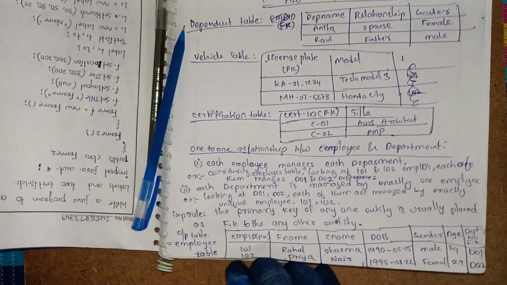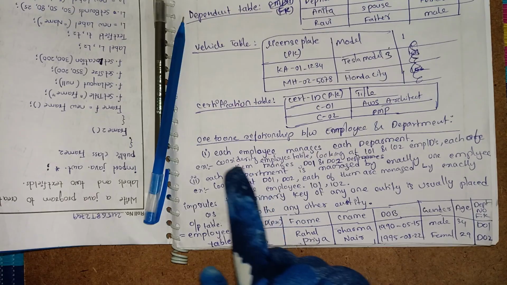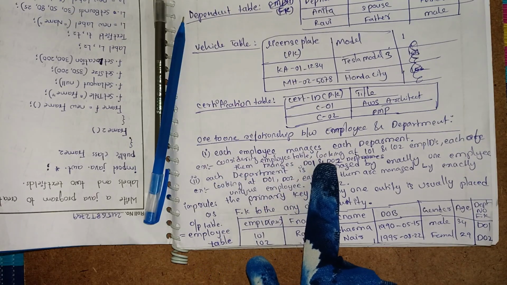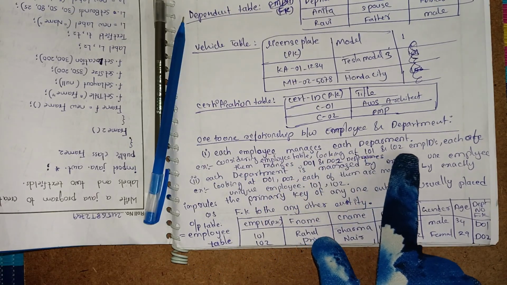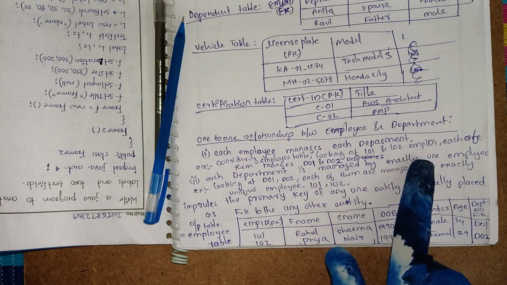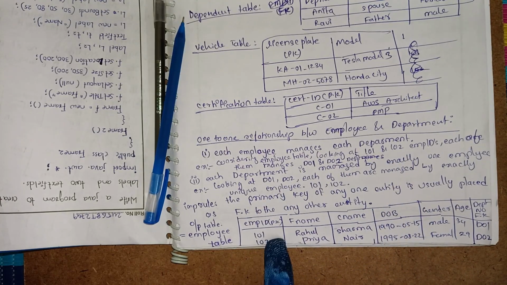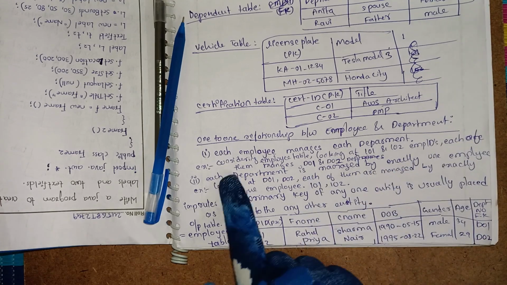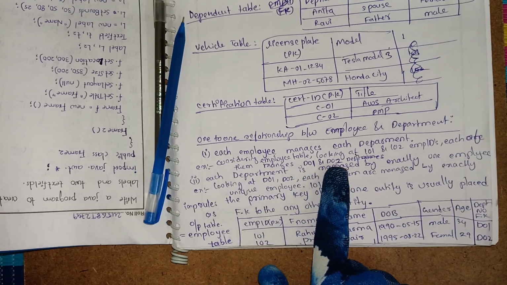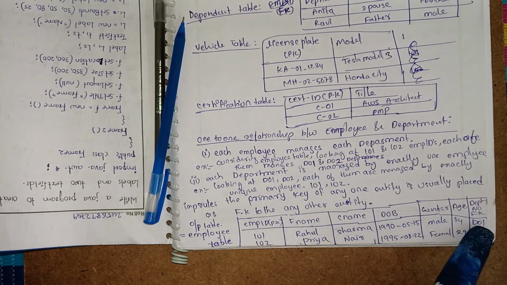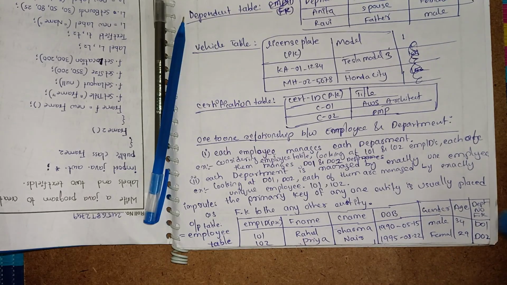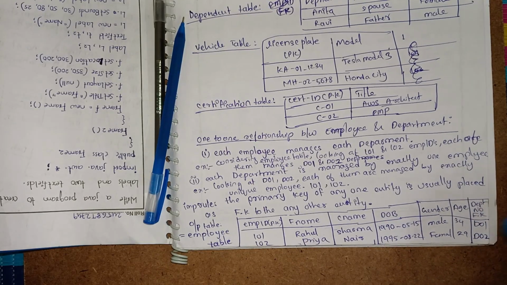And an example is, considering the employee table, looking at employee IDs 101 and 102. Each of them manages D01 and D02 departments, meaning unique departments.